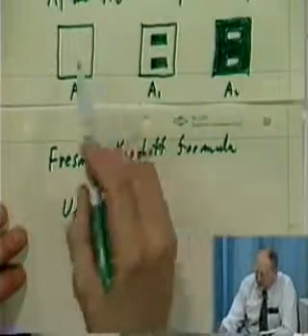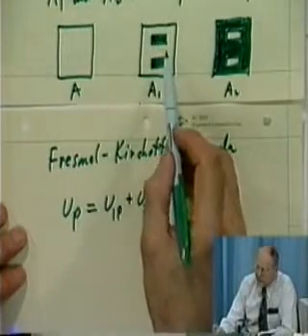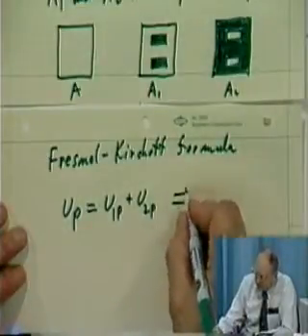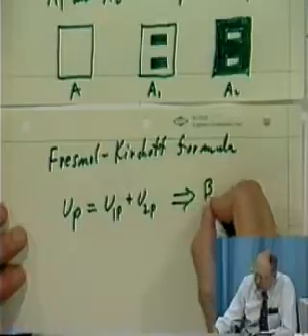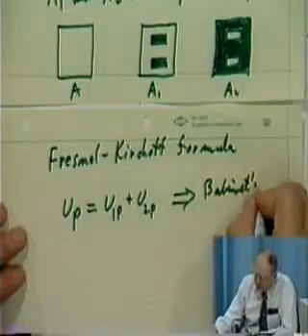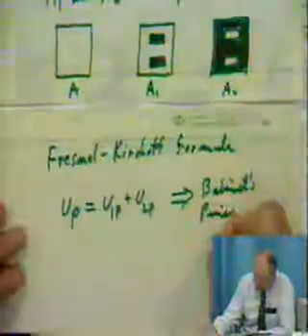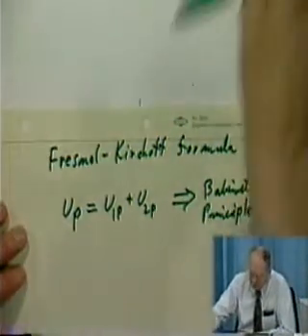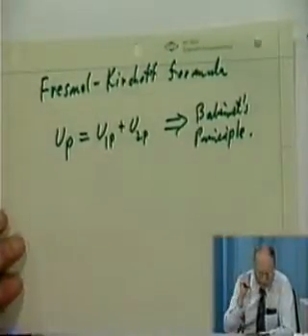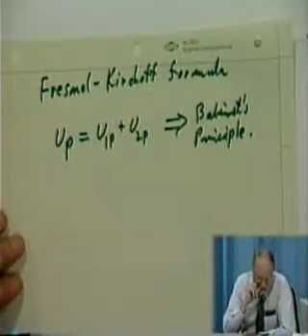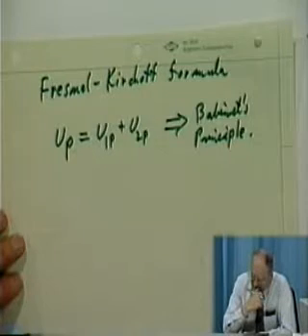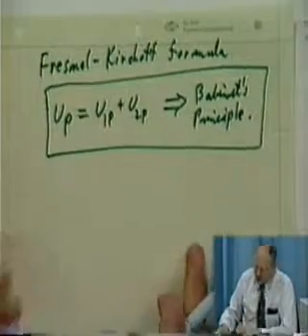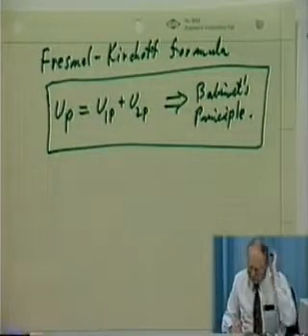When we do the integral over this aperture, it is equal to the integral over that aperture plus the integral over that aperture. And this is what's called Babinet's principle. I'll draw a box around that. So it's Babinet's principle, shown in millions of books, I guess.